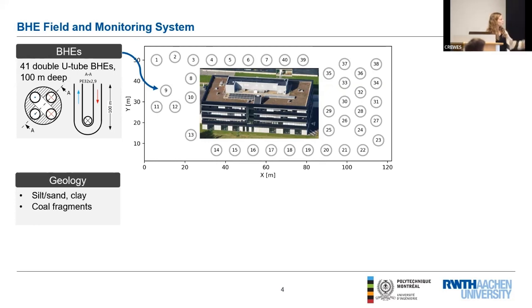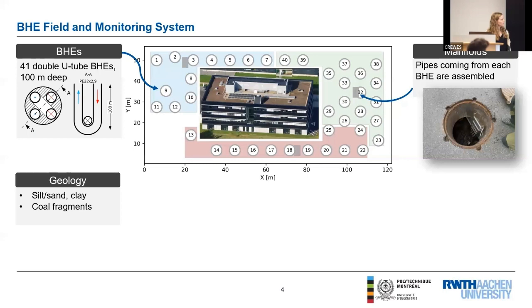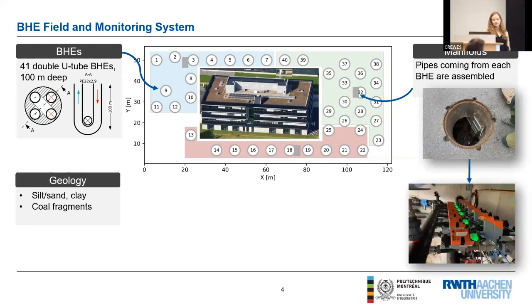To connect all those individual boreholes to the building, they are assembled in 3 manifolds or shafts. That's what those little gray boxes are for. And in each of those shafts or manifolds, there are sensors placed.